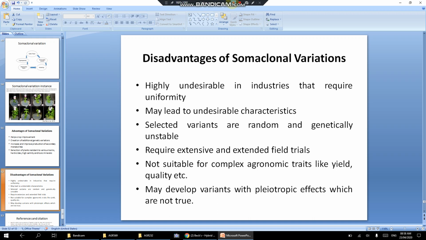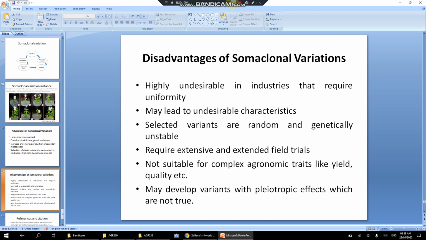Sometimes, if you think they have a certain trait, but when you reculture them, the genetics are unstable and they will return to something else, or return back to the previous clone that you used. It requires extensive and extended field trials, and it's not suitable for agronomic traits like yield, quality, and so on.